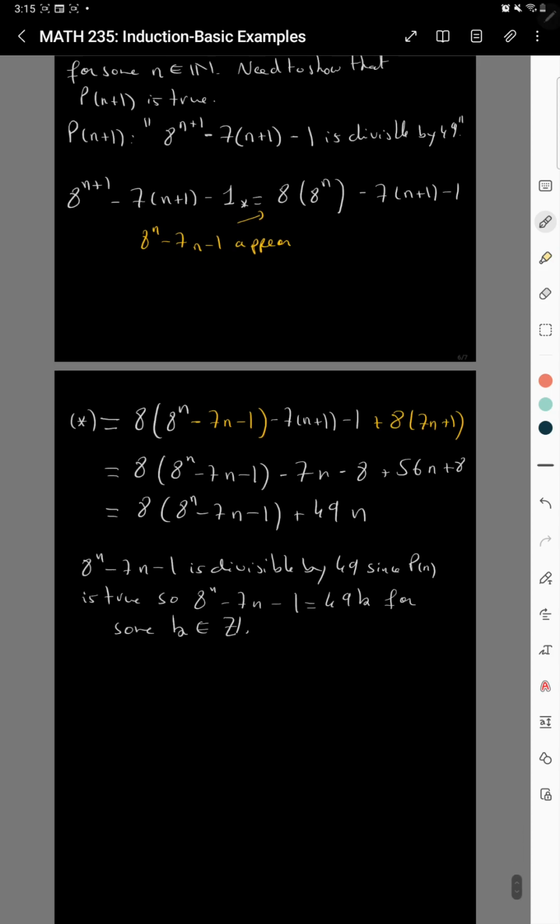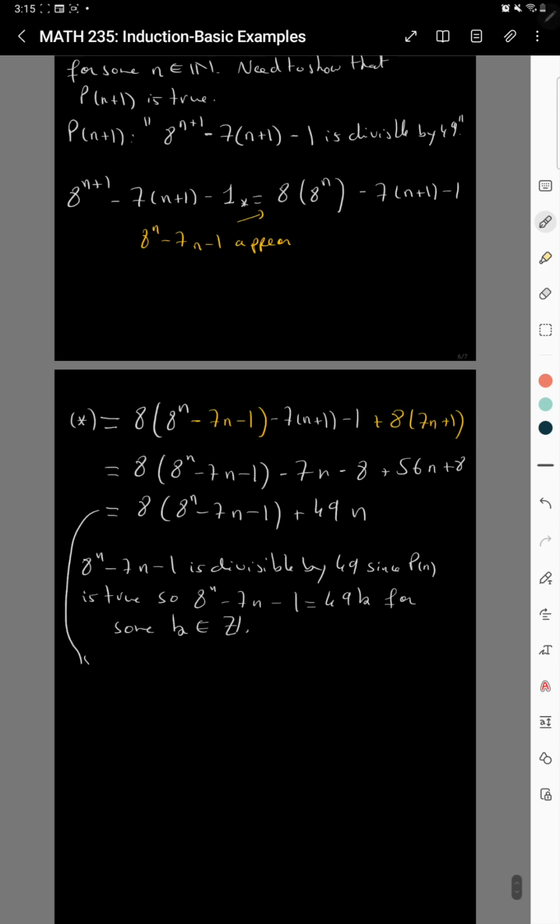So what we can do here is follow up: this is 8 times 49k plus 49n. Now let me factor 49 out, so I get 49 times 8k plus n.